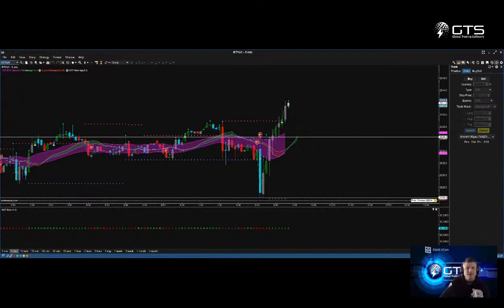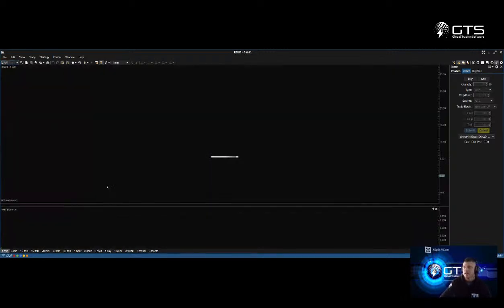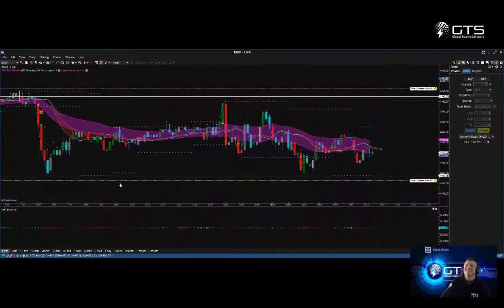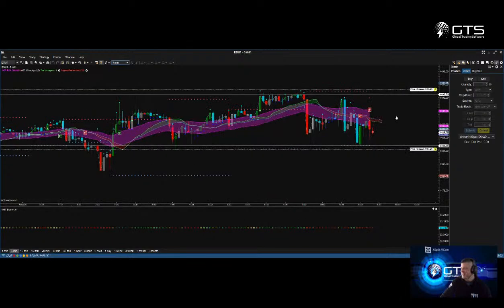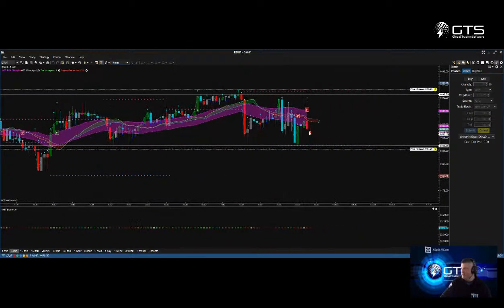Let's see here. Yes, 5 minute, 20. So we got a 5-star sell on 5 minute on the YES. Spoiled. Nothing wrong with that at all. Hey, so we got a 4-star and a 5-star on the ES right now.